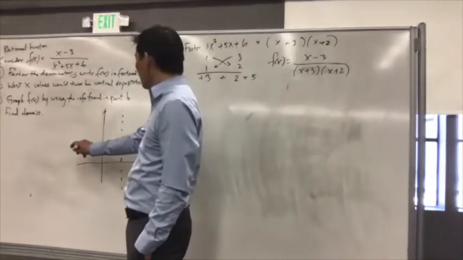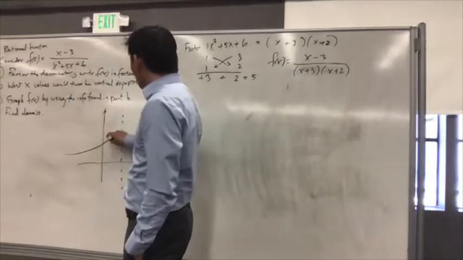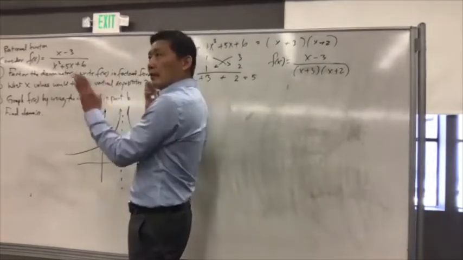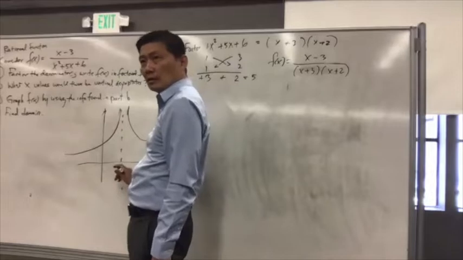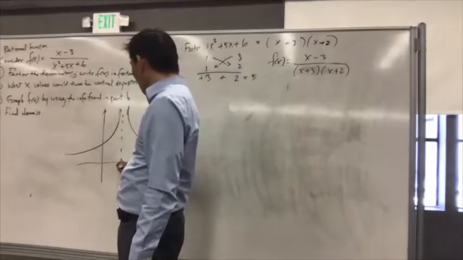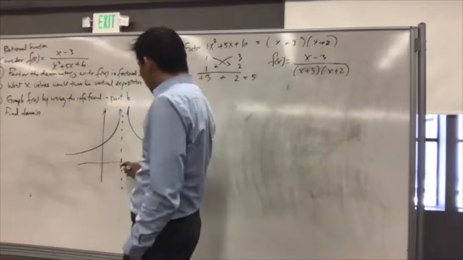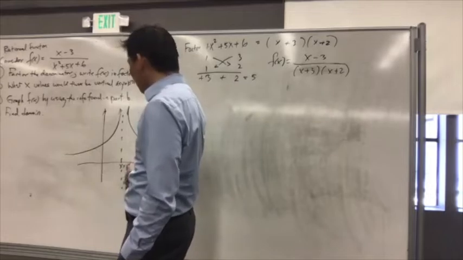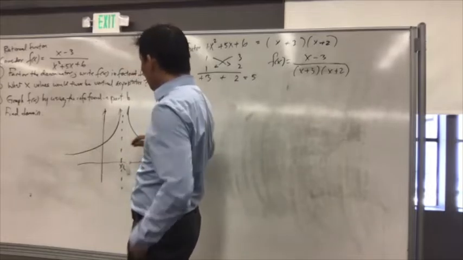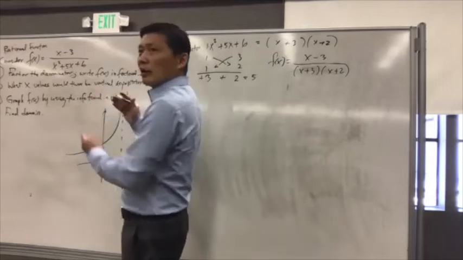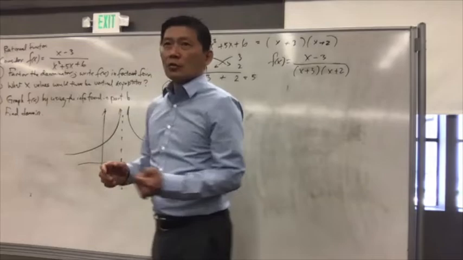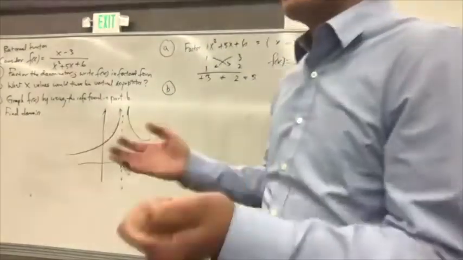That means the graph has to go up, but never touch this x value. This x value for the function has to be undefined, because whatever this x value is, you never get to a real value for the function. So you have to make the function undefined.